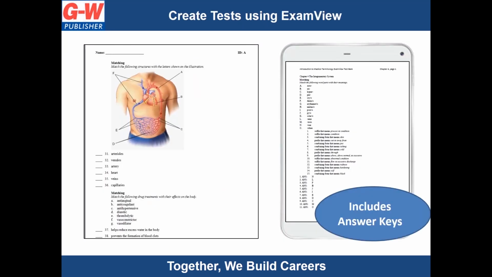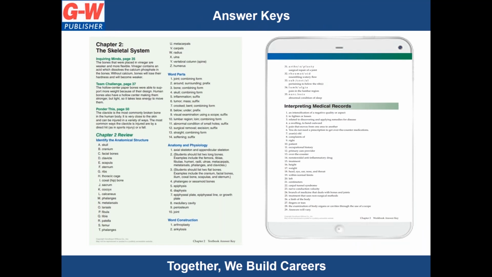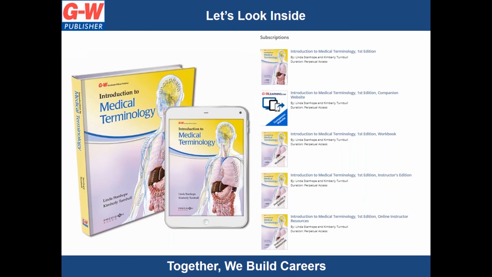Teachers can also create customized chapter tests using the ExamView software. Lastly, teachers will have access to textbook, workbook, diagram, and quiz answer keys to make grading easier. These are the instructional resources for teachers in the online Instructor Resources.